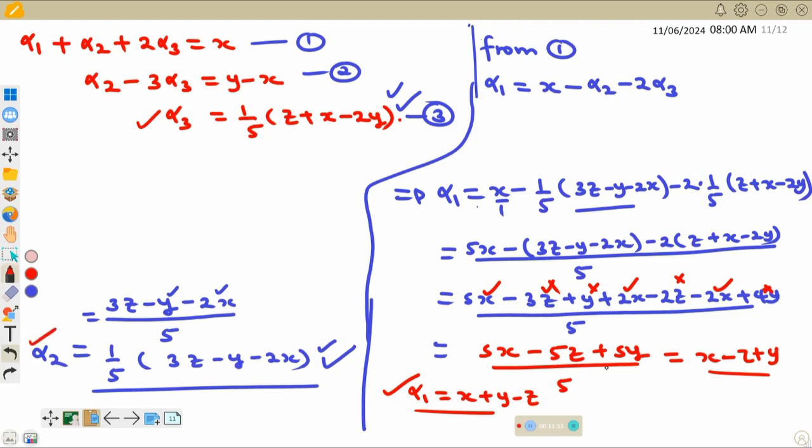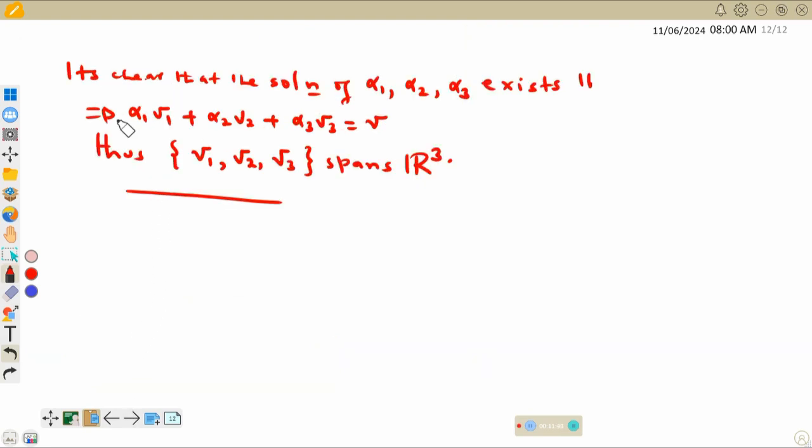So clearly, the solution to our linear combination exists. And if that is the case, we can clearly say that the solution of alpha 1, alpha 2, and alpha 3 exists, and therefore we can write alpha 1 v1 plus alpha 2 v2 plus alpha 3 v3 equaling v. And if that is possible, then it means that v1, v2, v3, all this set here, spans R3.